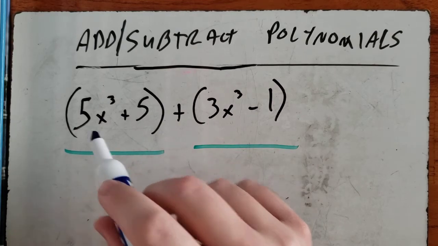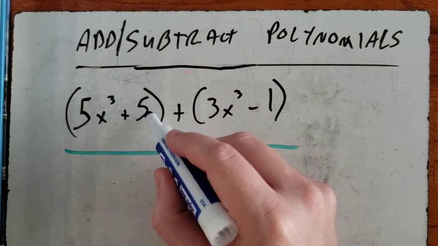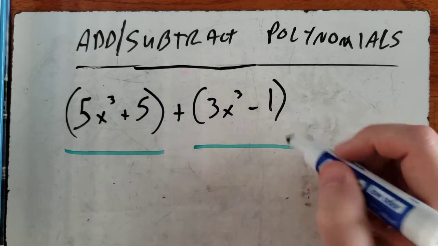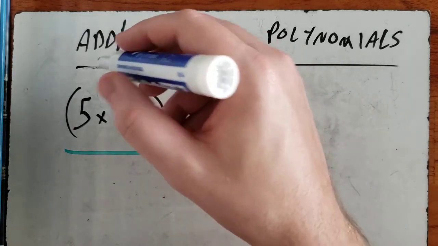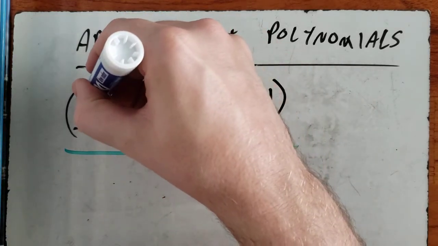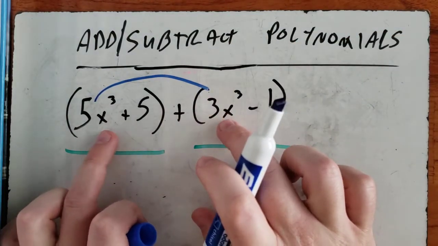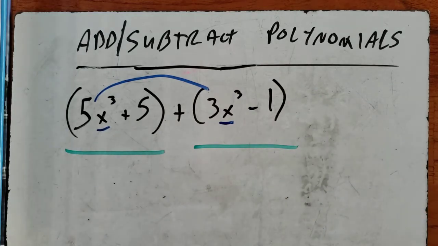We have x to the third here, and no letter here. X to the third here, no letter here. So the only ones we can add are these two, because they both have x to the third.